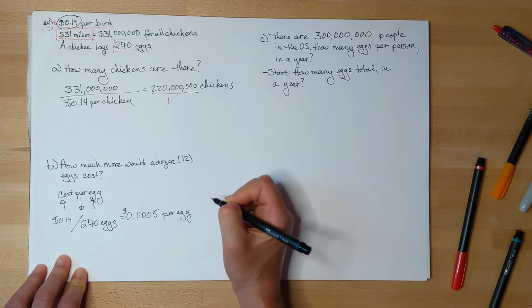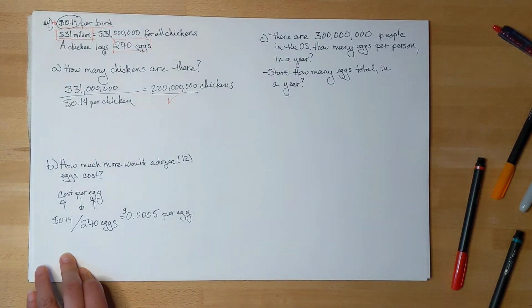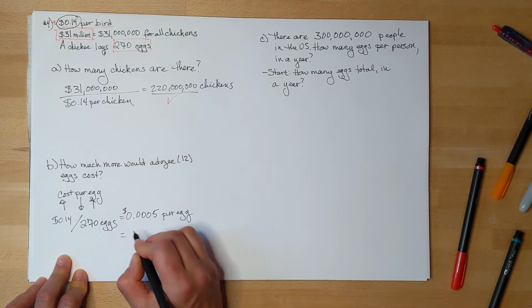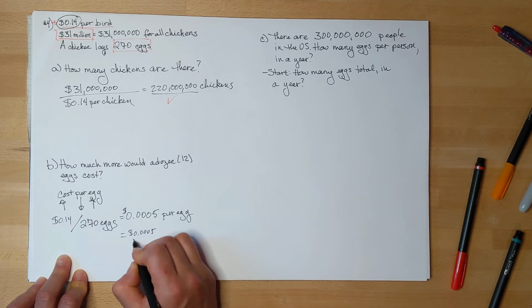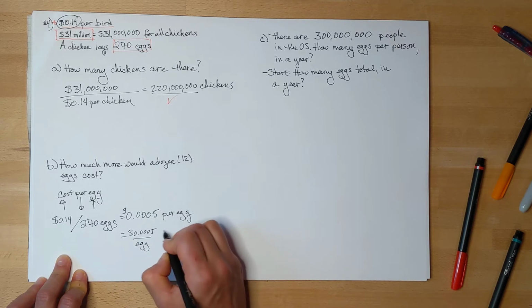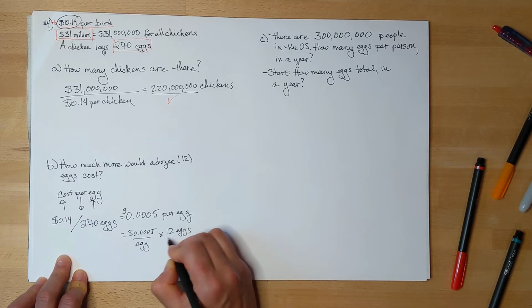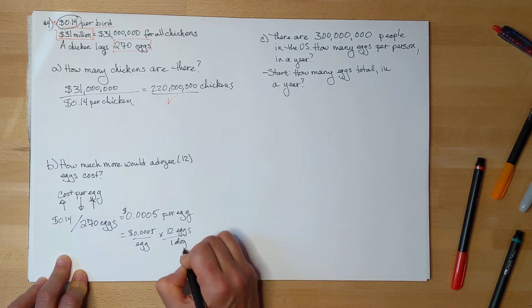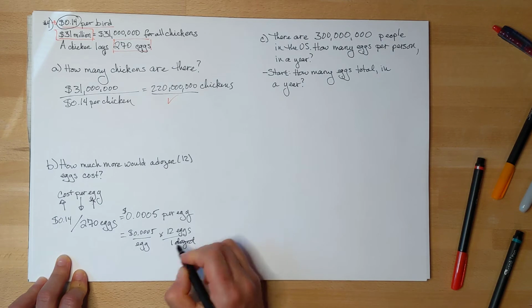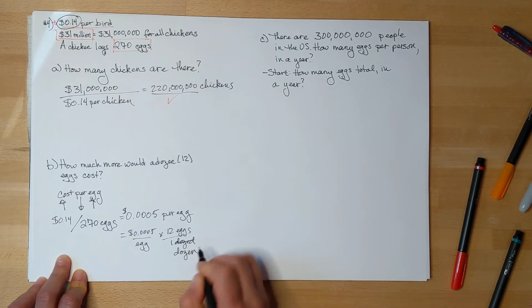Okay, let's turn that into the cost for a dozen eggs in order to make more sense out of it. So if I want to turn that into a dozen eggs, I would take that tiny cost per egg and multiply it by the fact that there are 12 eggs in one dozen. That's what dozen means.